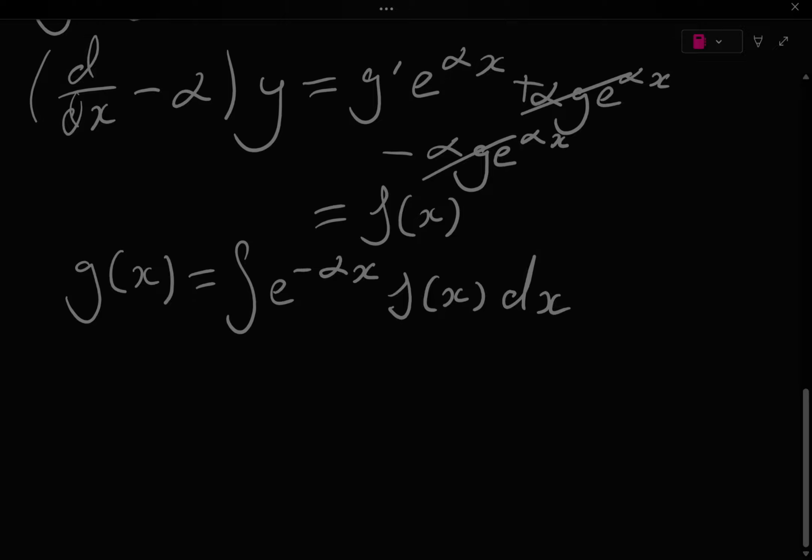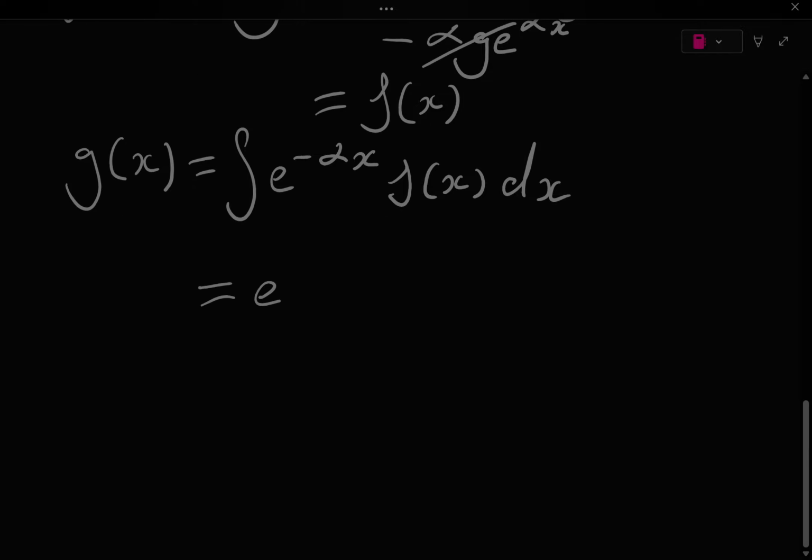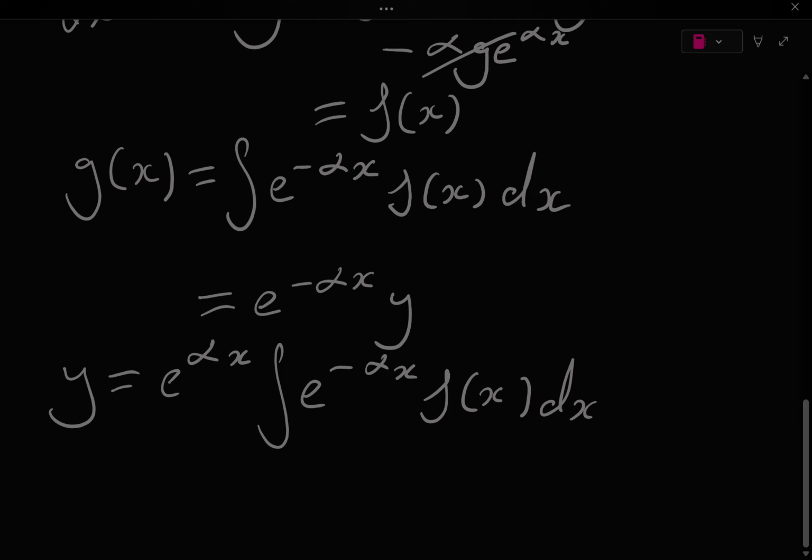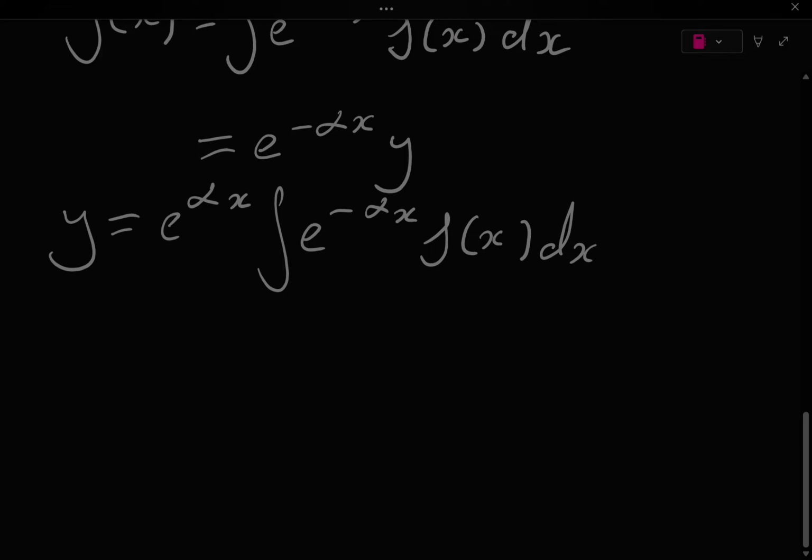And so, if this equals e to the negative alpha x times y, then y equals e to the alpha x times this integral e to the negative alpha x f of x dx. This is our final solution.